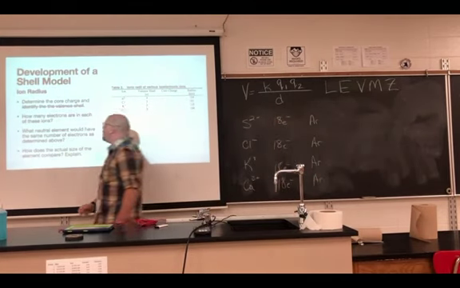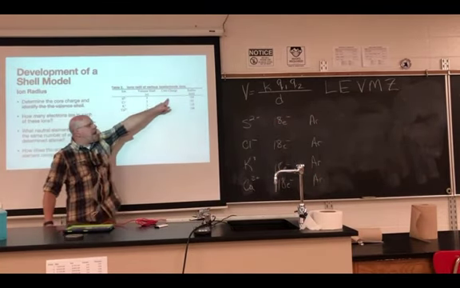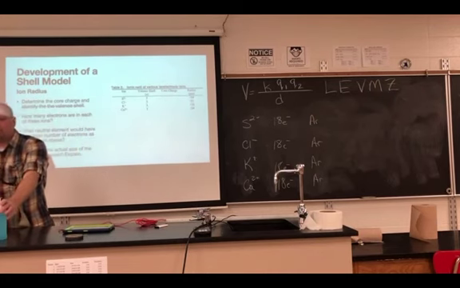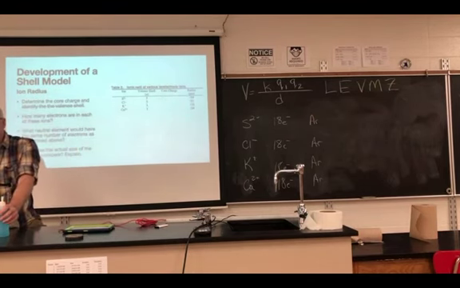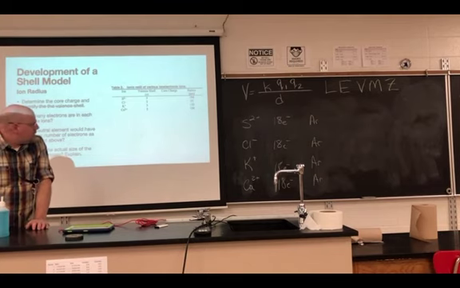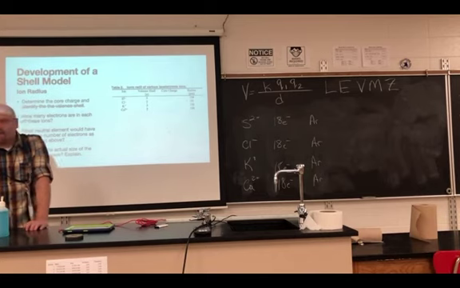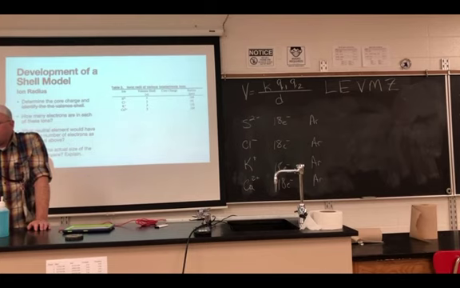Okay, so here's what I want you to do now. I want you to calculate the core charge. Now, keep in mind, this is a little bit different. I'm going to jump down to potassium. Potassium ion.